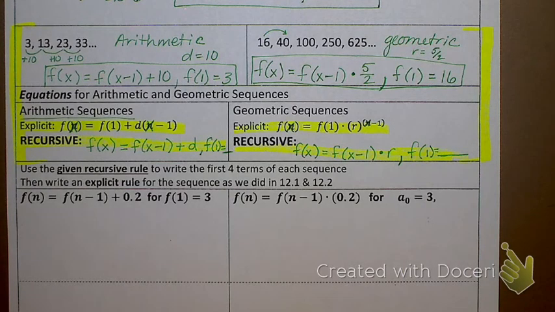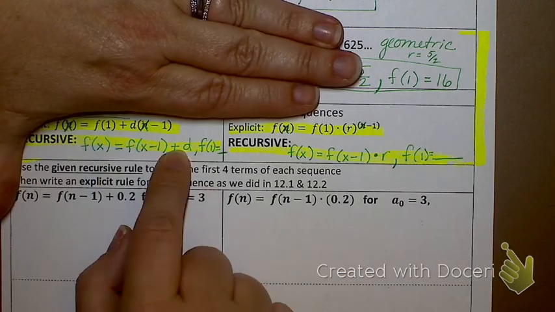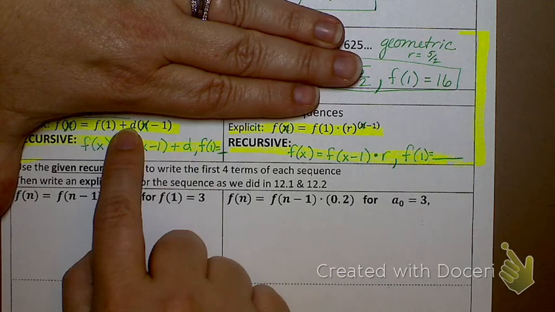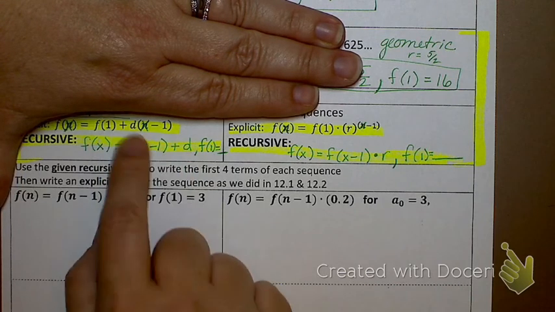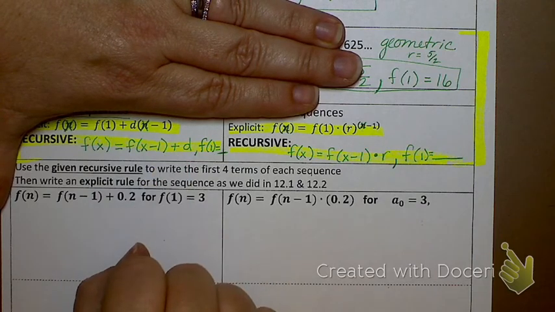FYI, I will be giving you formulas on the test, but I will not specify which formulas are geometric and which ones are arithmetic. Does that make sense? So if I gave you just a list of formulas, what do you notice about the arithmetic ones? They both have d, because only an arithmetic sequence has a common difference.